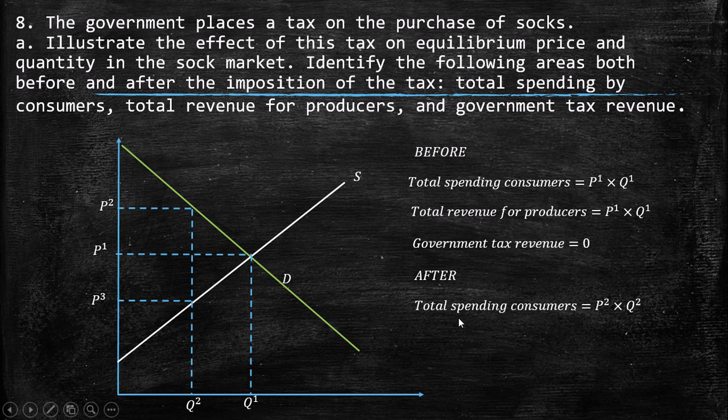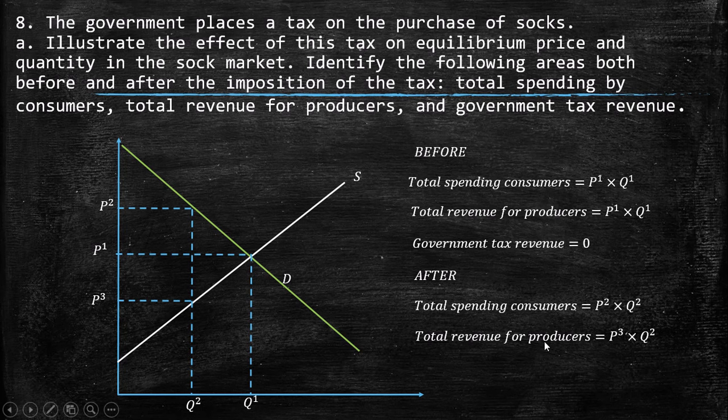So after the tax we know that the total spending of consumers will turn to P2, which is the price that they have to pay now, times the quantities that they are going to demand after the tax, which is going to be Q2. So this is going to be the new spending of consumers.